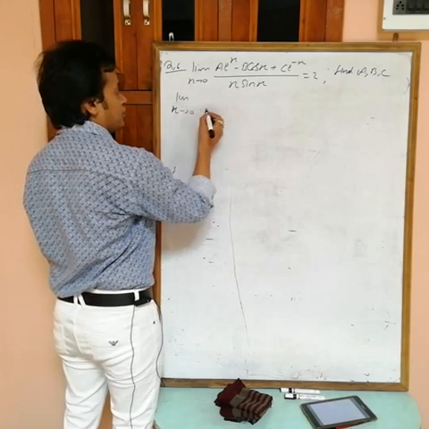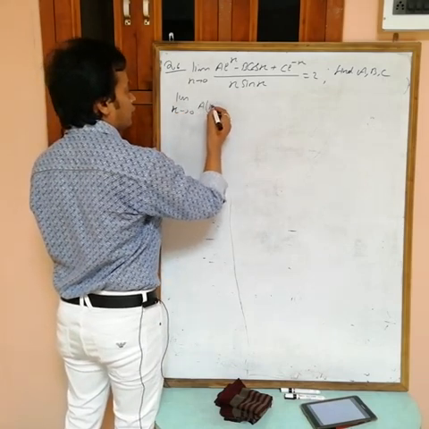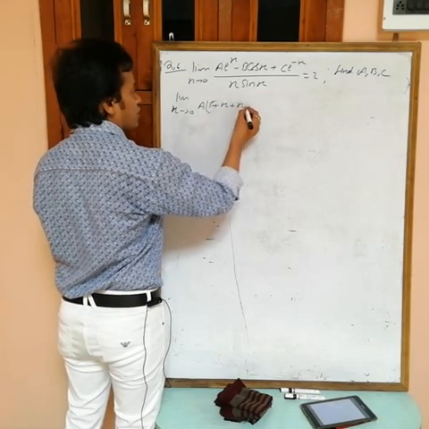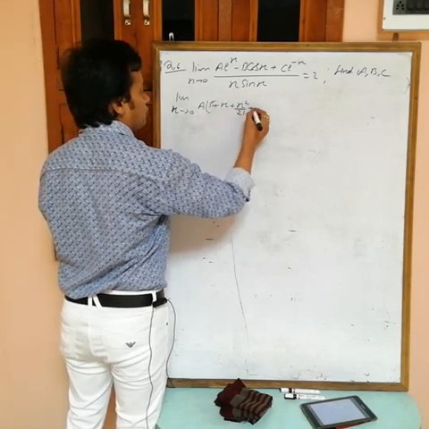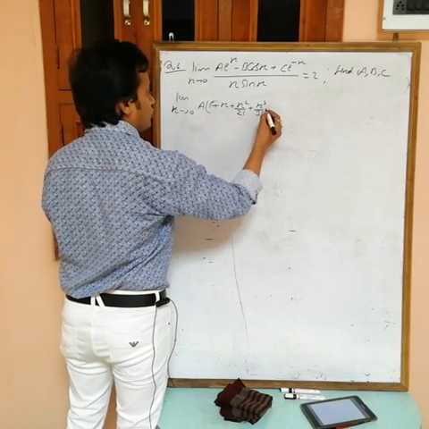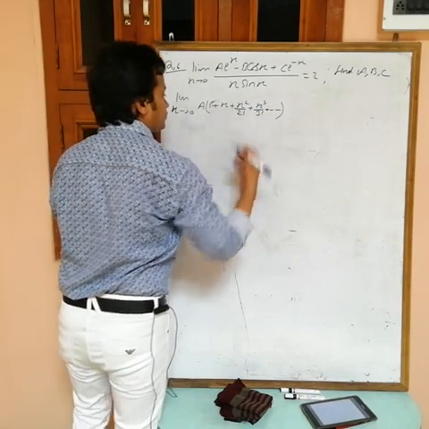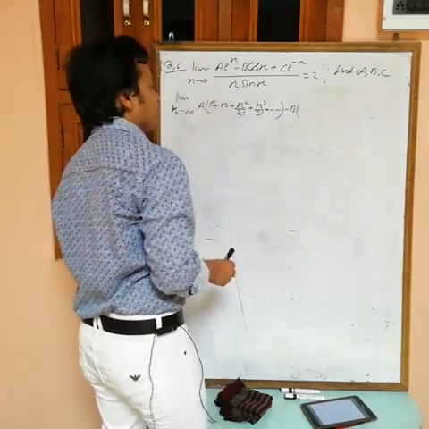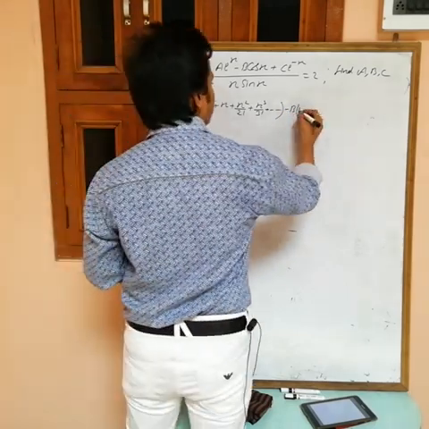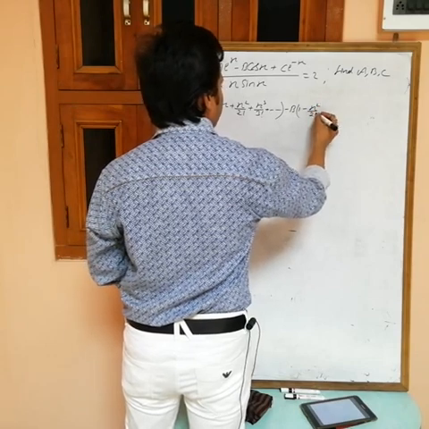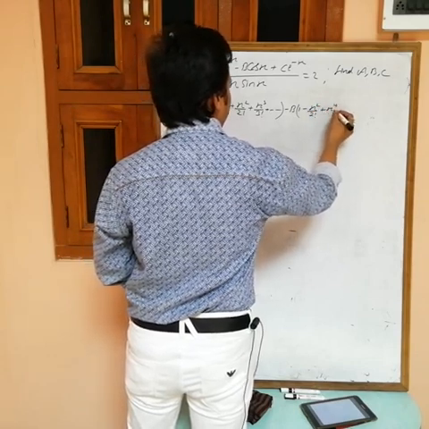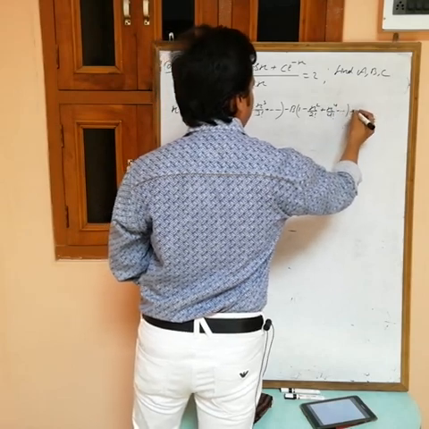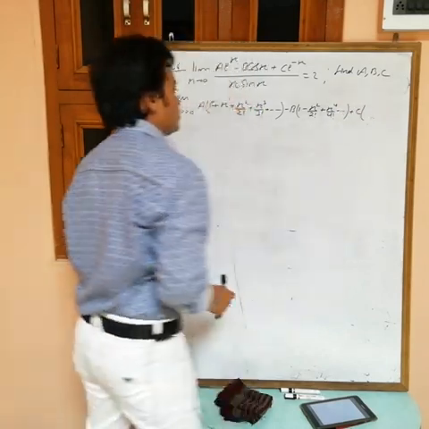Now see, limit x tending to 0, e power x is 1 plus x square by 2 factorial plus x cube by 3 factorial, minus b cos x, whose value is 1 minus x square by 2 factorial plus x power 4 by 4 factorial, and plus c e power minus x.